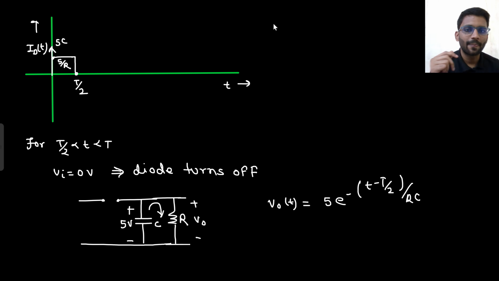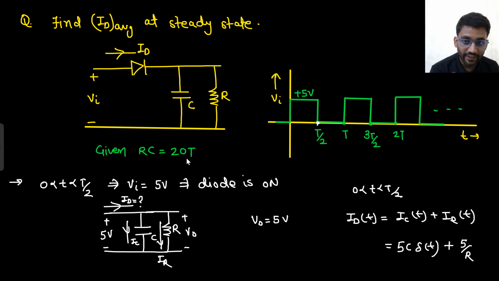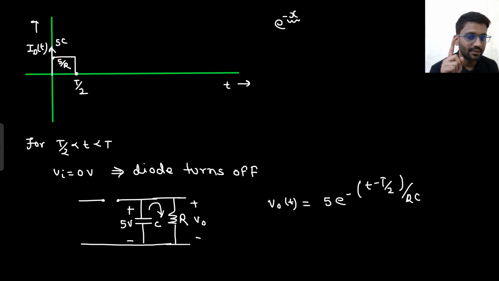Now tell me one thing. What is the expansion of e to the power minus x if x is very small? Look, RC value is very large. What is RC value? RC value is equal to 20T. That is very large. So if this exponent is very small, what can we do? e to the power minus x should be written as 1 minus x, right?